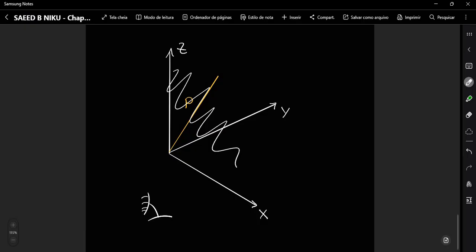So this plane right here is the ZX plane. And notice that we have to have the sense of the views, which you get with experience.